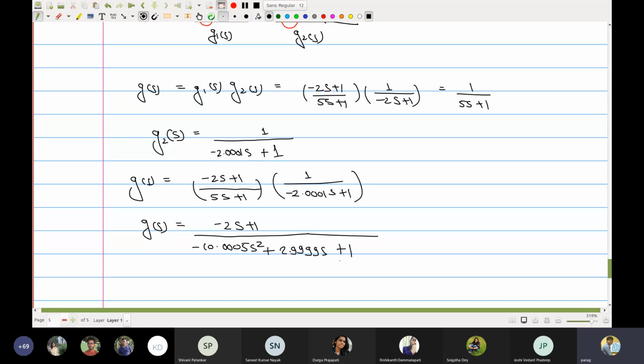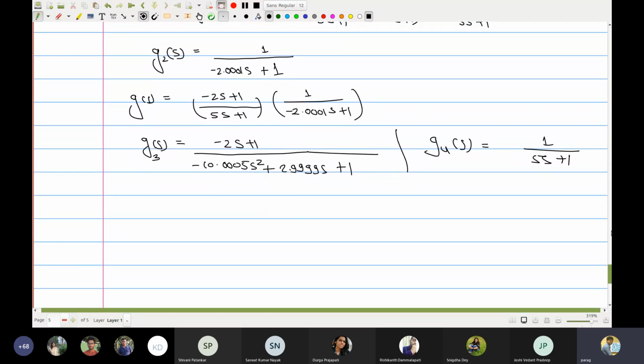So let us compare the two transfer functions. You have G, let's say, I don't want to use 1 2, so let's go with G3 of s as this one, and G4 of s was simply 1 upon 5s plus 1, right?